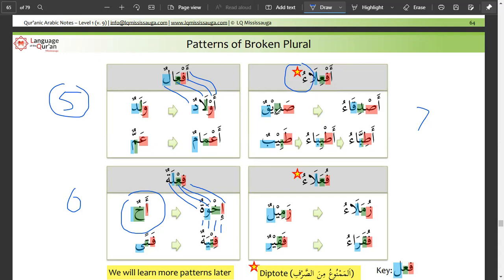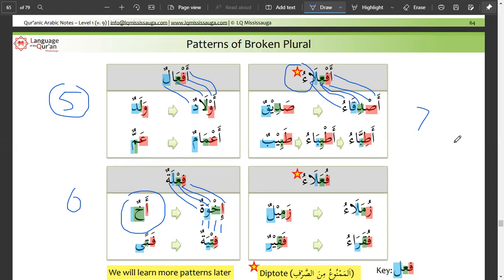Af'ila'u. Sadiqun, asdiqa'u. Asdiqa'u is on the pattern of af'ila'u. Tabibun, atibba'u. Actually, this is atbiba'u.